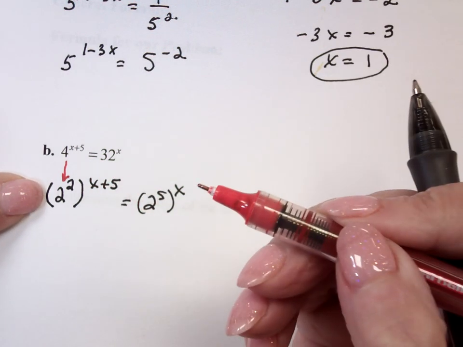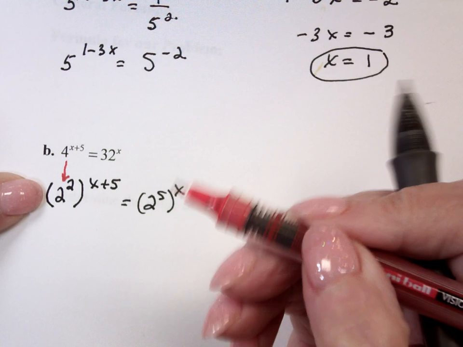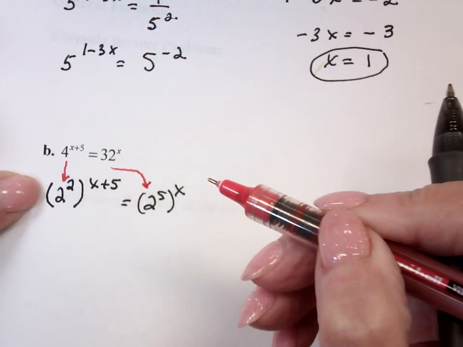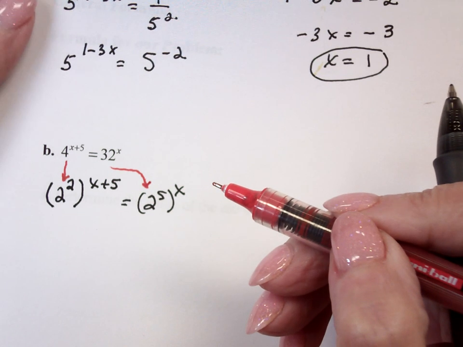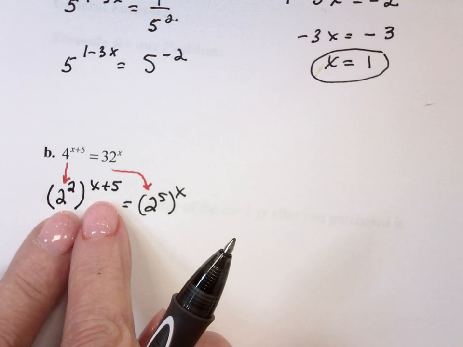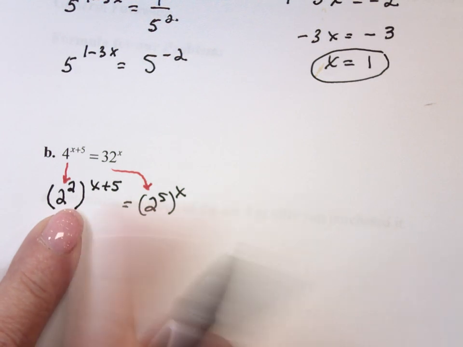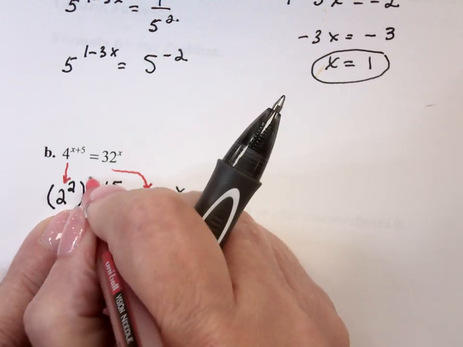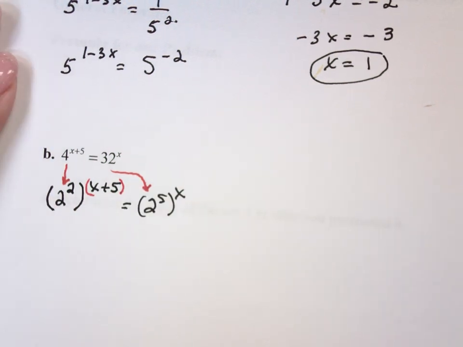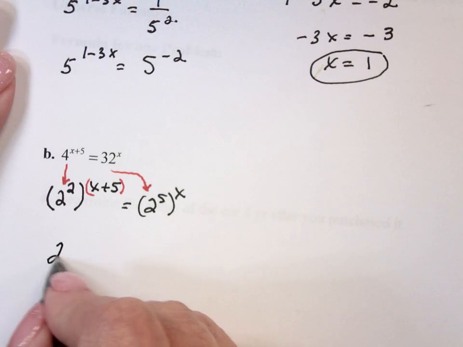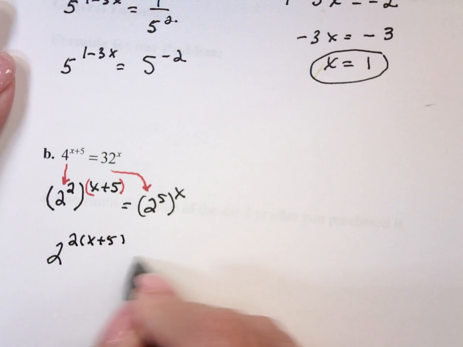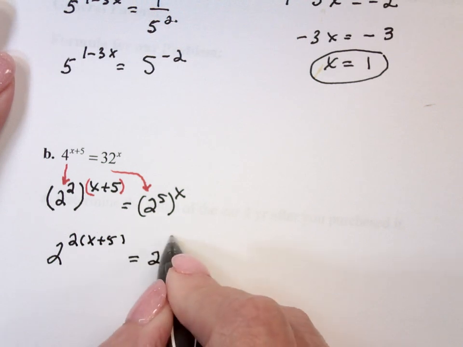I put it in parentheses because that was my base. 32 is 2 to the 5th. I put it in parentheses because that was my base. You're going to say, well, why in the world would you do that? Because now we're going to be using the properties of exponents to multiply the exponents. So this becomes 2 to the 2 times x plus 5 equals 2 to the 5x.